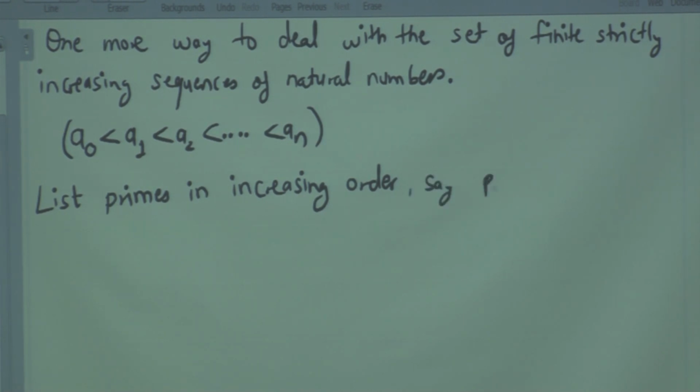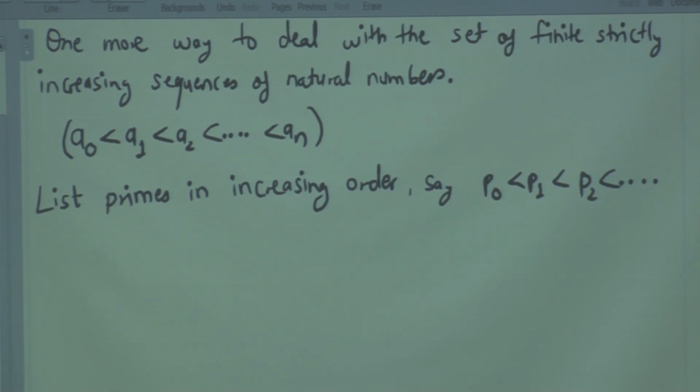Say P0, P1, P2 and so on. How many prime numbers are there? Infinitely many. Who proved this? Euclid, yes. So Euclid's proof of infinitude of primes. Okay, good. So P0, P1, P2. What is P0? 2. P1 is 3, and you know the prime numbers, right.